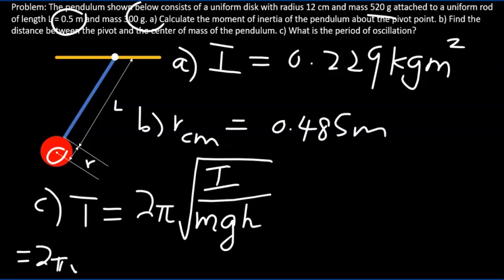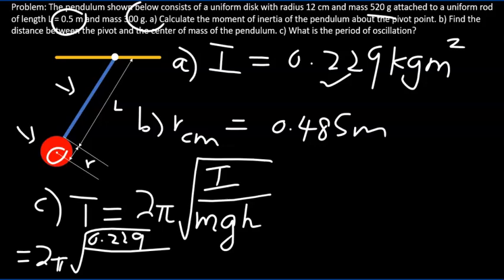So let's put everything together. 2 pi square root. I is 0.229. That is from part A. Over the total mass, which is the mass of the disk plus the mass of the rod.